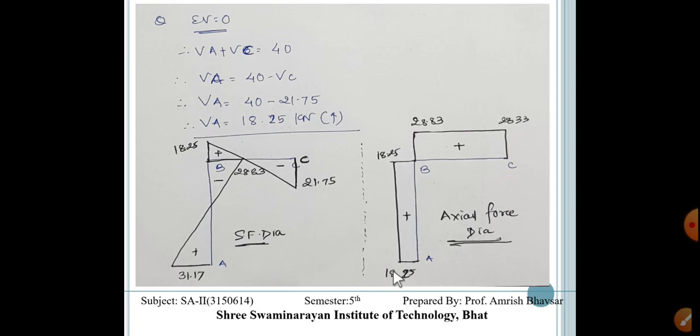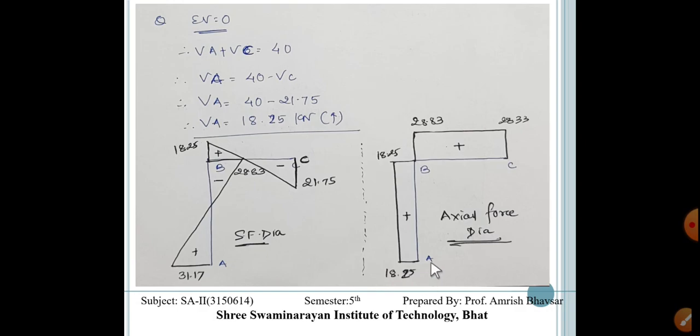So the compression is 18.25 in AB, that is plus, because it is compression. And for BC again, HC is towards the left, it compresses our member. So here it is 28.83 as a positive axial force diagram.